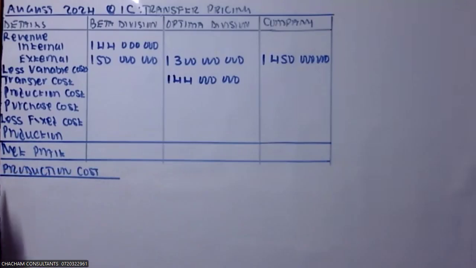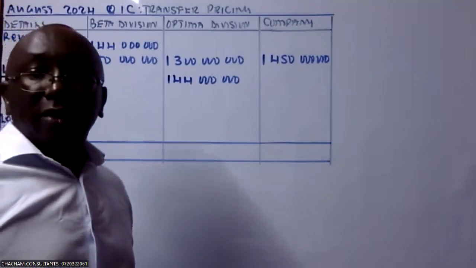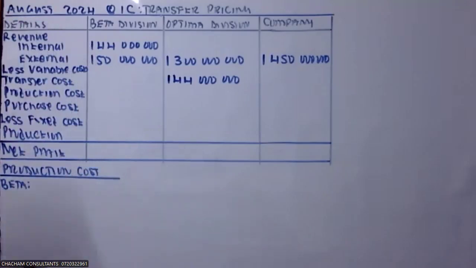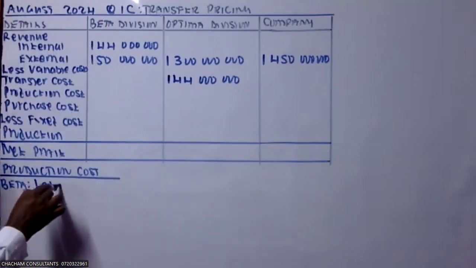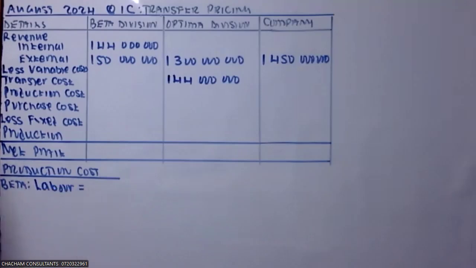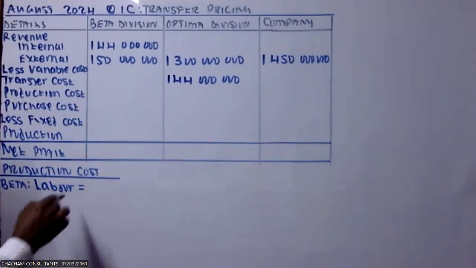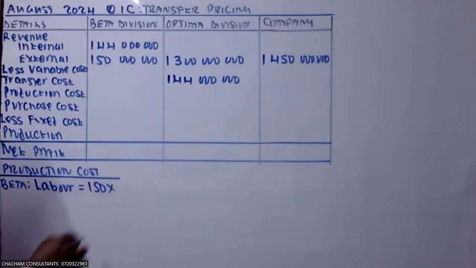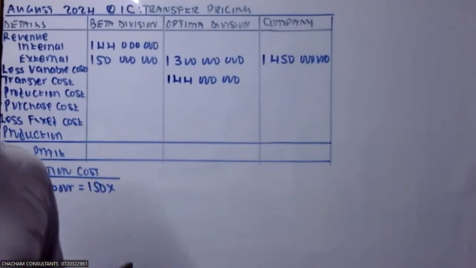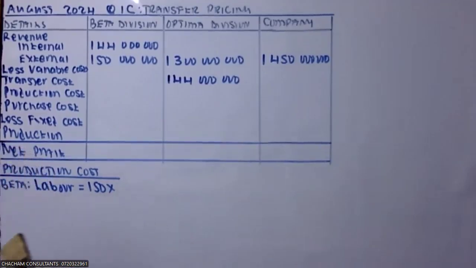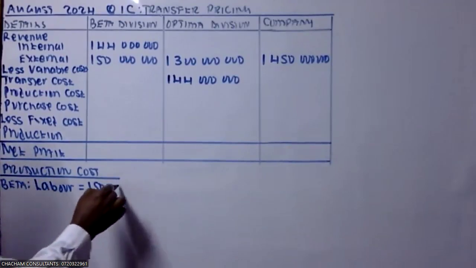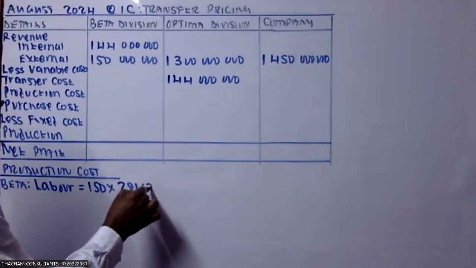Now, production cost, when we start with Beta, first of all, you can see there is what they are calling labor. So labor, 1 hour is paid 150. And you know, we computed the hours and saw all those units will take us 281,125 hours.